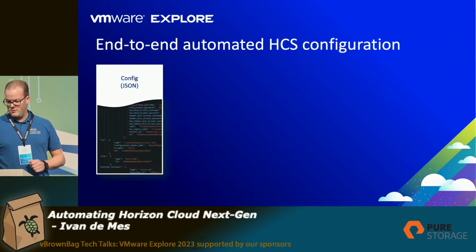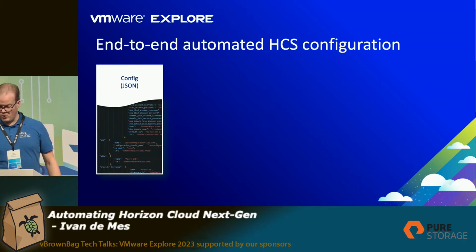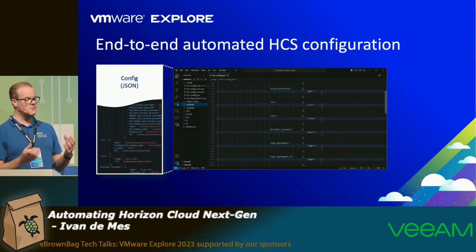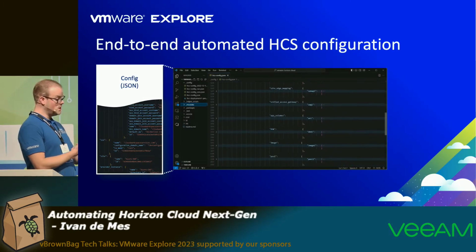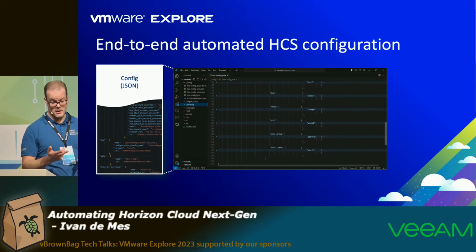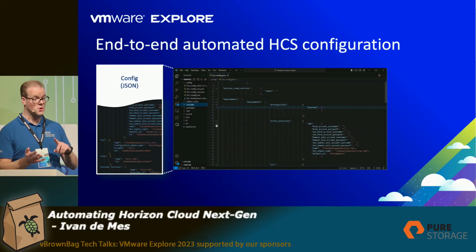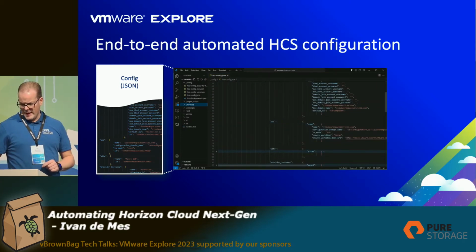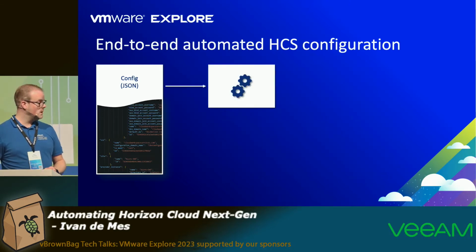So to give you a little insight on how we do it, we have a single configuration file in which we specify everything that we need for our full end-to-end deployment. So again, it contains the edges with the edge gateway, the unified access gateways, Active Directory, but also images, pools, etc. And when we have that configuration file in place, it needs to be processed by something.